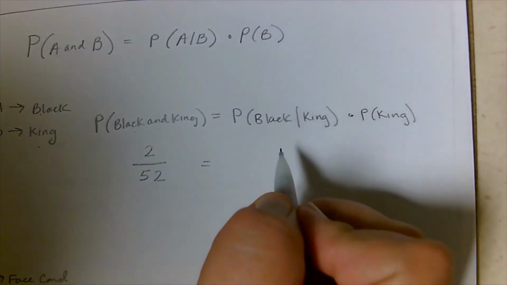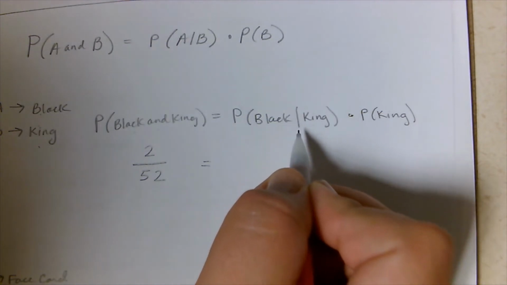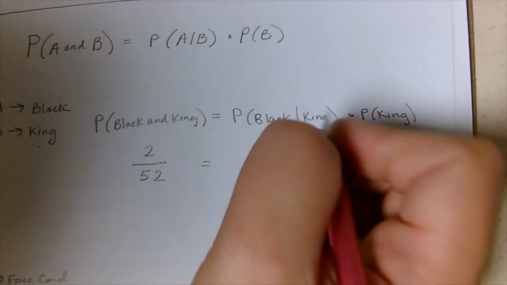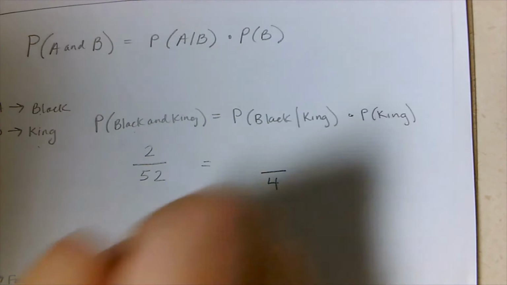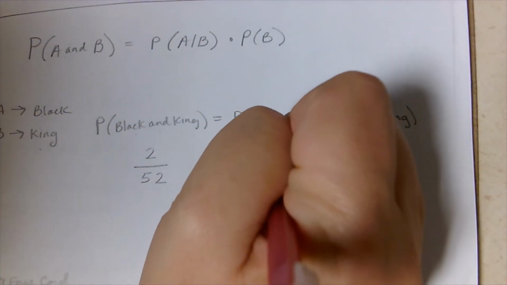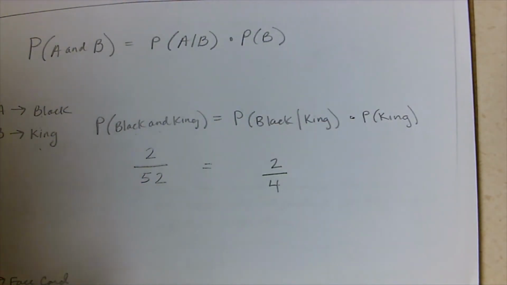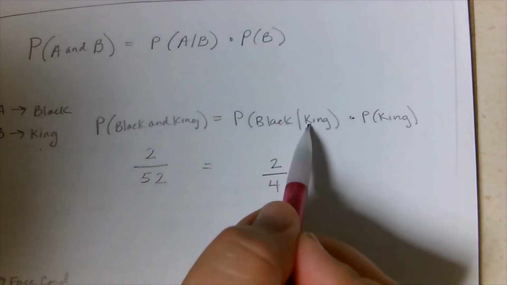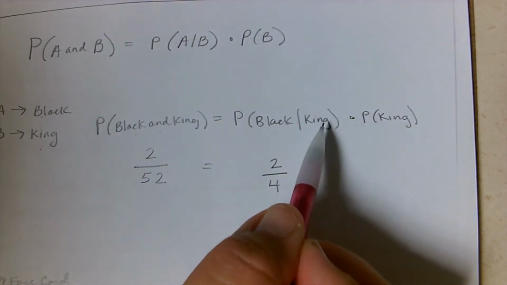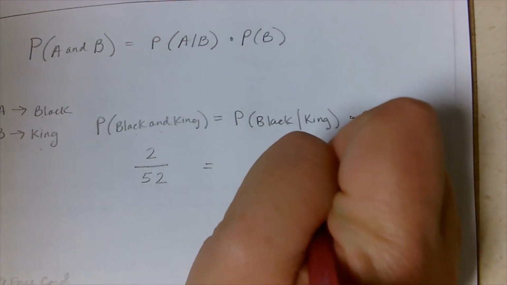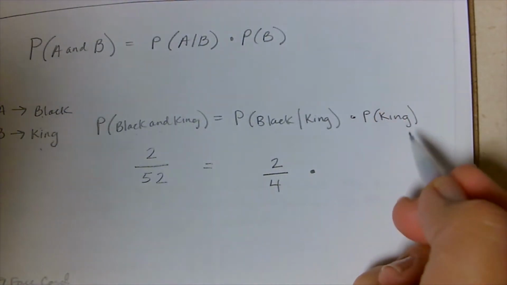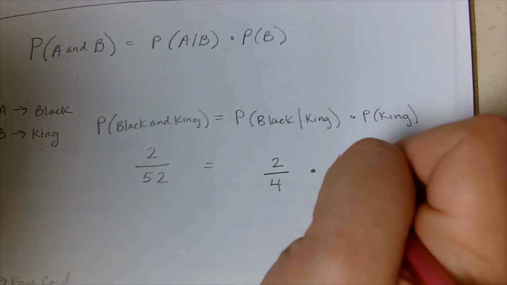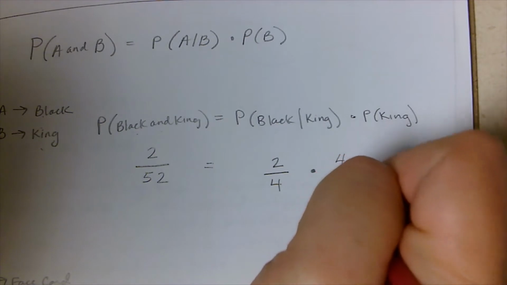What's the probability that the card is black, given that it is a king? Well, there are 4 kings in the deck, so out of those 4 cards, 2 of them are black, 2 of them are red. So 2 out of 4 for the probability of it being a black card, given that it's already a king. And I want to see if I multiply that times the probability of having a king in general. Well, there are 4 kings in the deck, and there are 52 cards in the deck, so 4 out of 52.